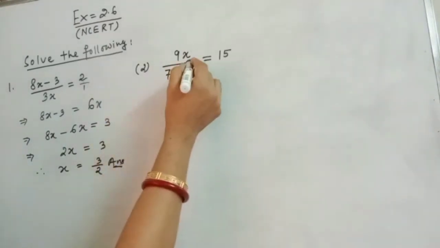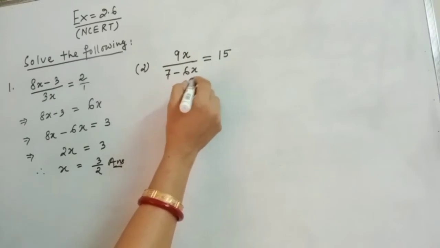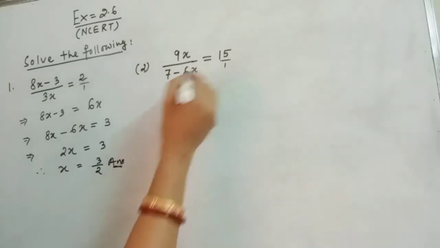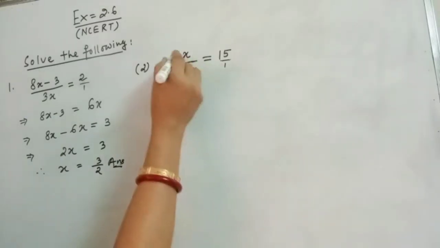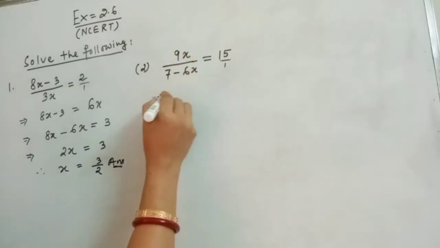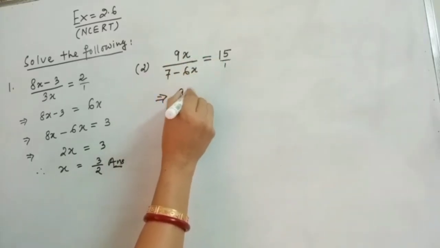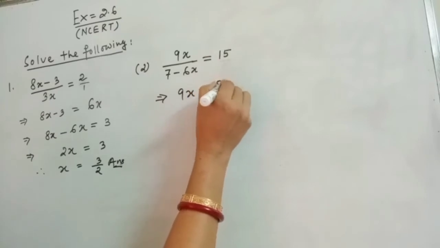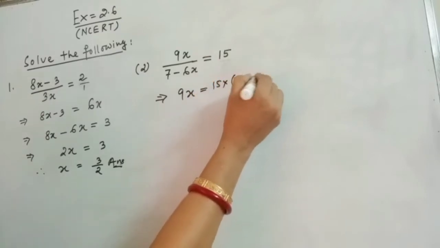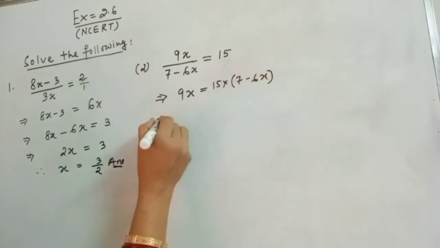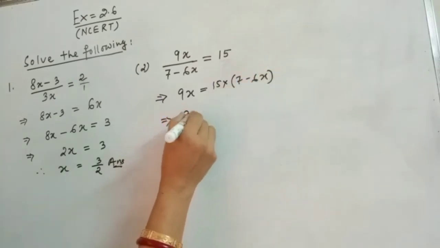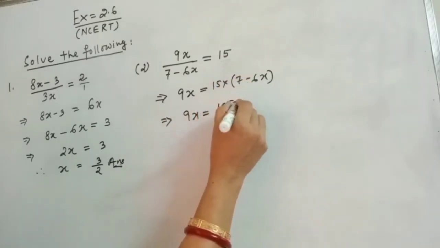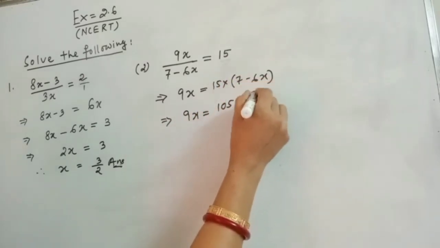Question number 2, it is 9x/7 - 6x = 15. Similarly, you can consider 1 here. So in this sum, 9x, you can multiply 9x into 1, that is 9x, equal to 15 into (7 - 6x), that is 9x equal to 15 into 7, 105, minus 15 6s are 90x.